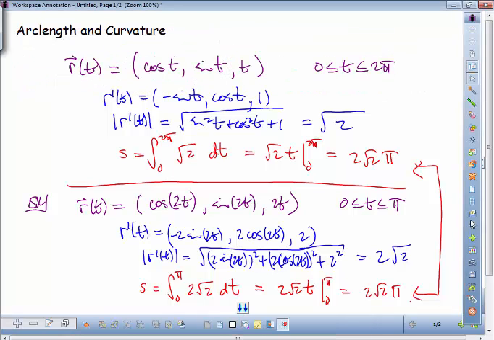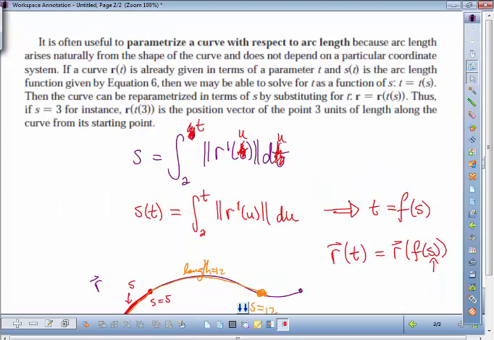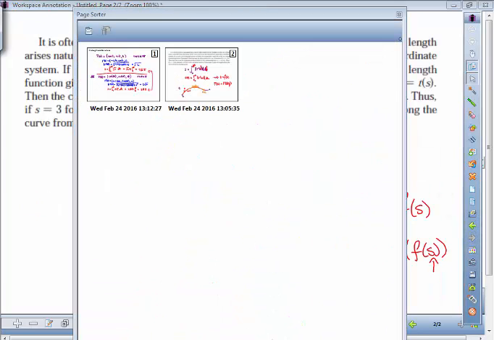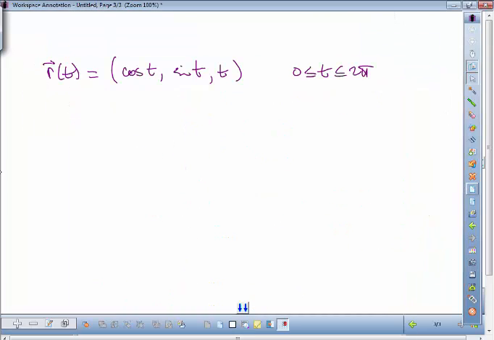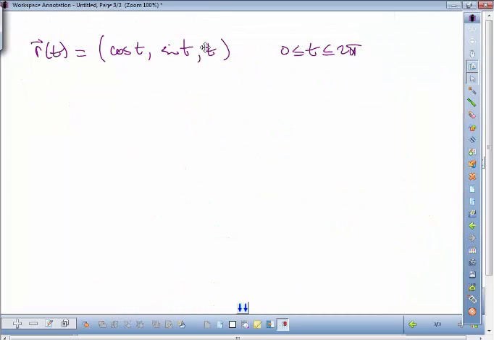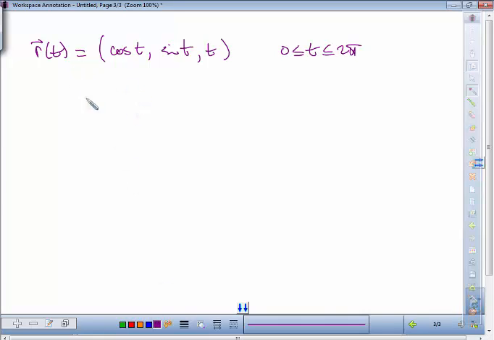Let's say we want to parameterize that helix by arc length.